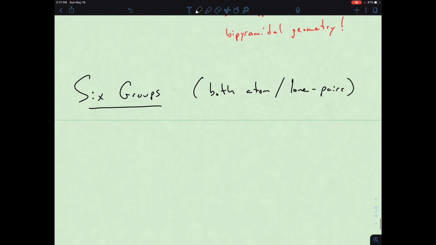And so we were using an example of sulfur hexachloride as a way to represent this.